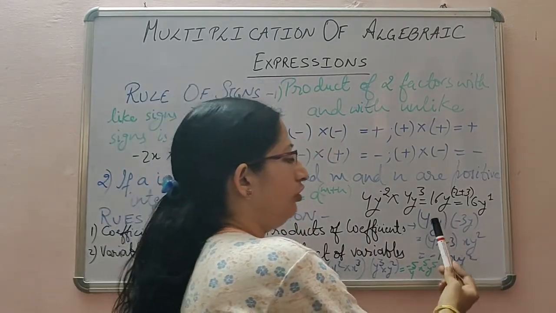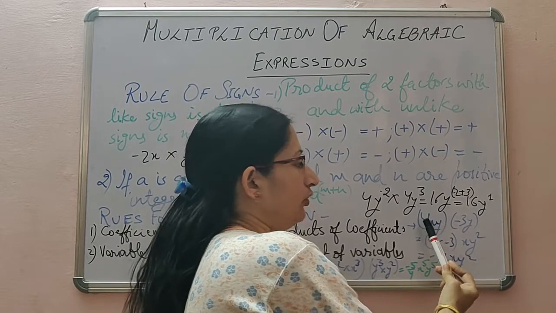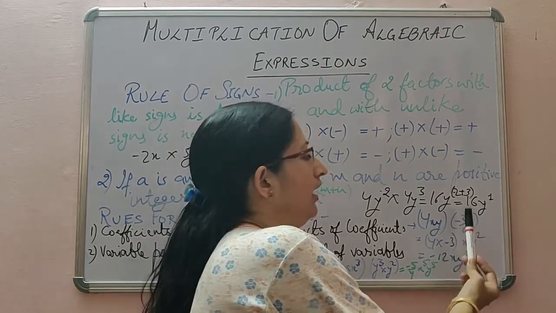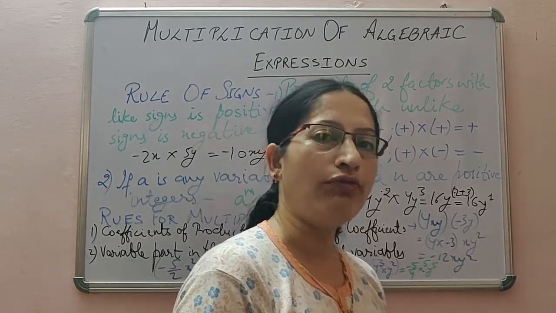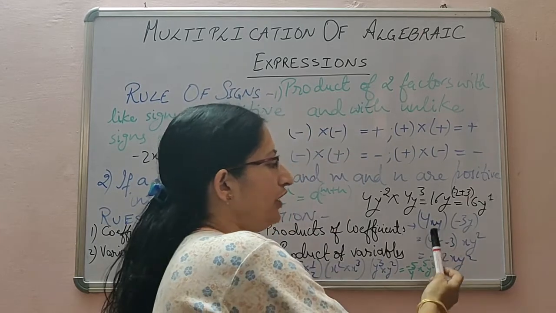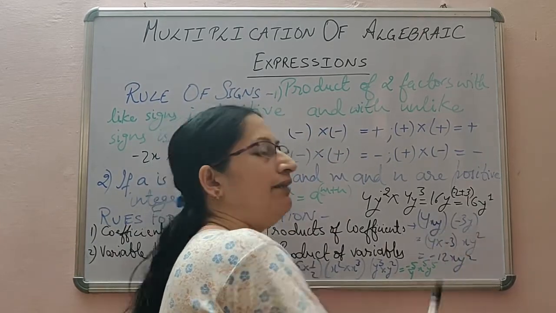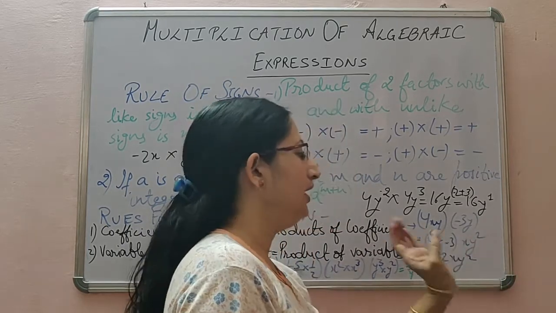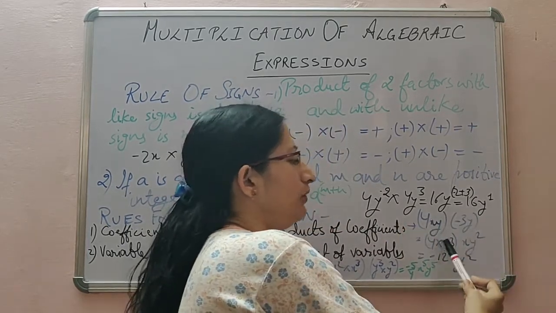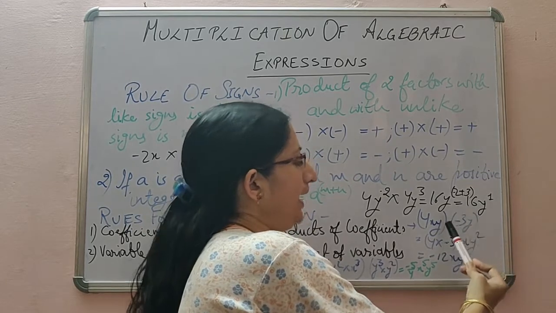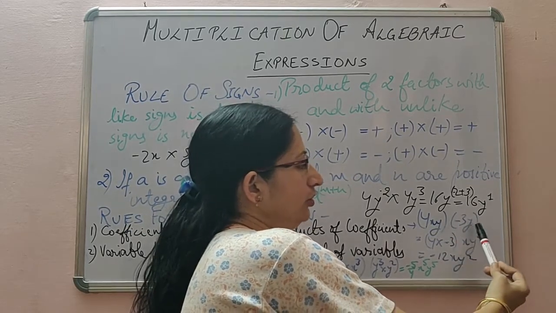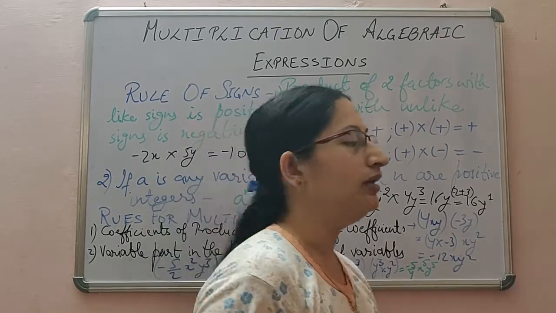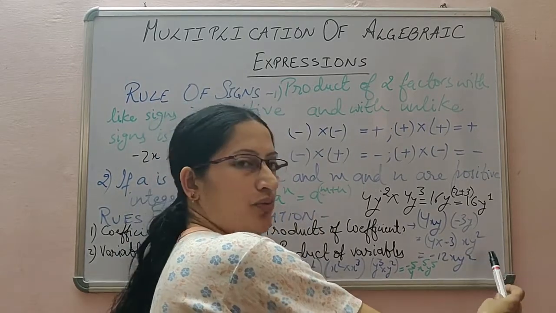So 4 is actually the coefficient of xy and minus 3 is the coefficient of y here. So what I will do, these numerical values will be brought together and the variables will be brought together in the product. So 4 into minus 3 and x into y, that will become xy square.